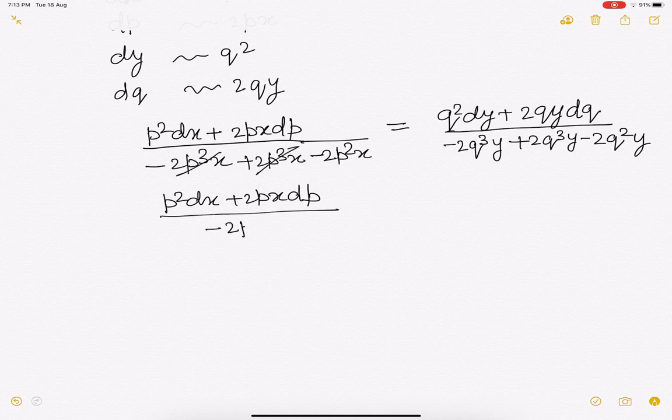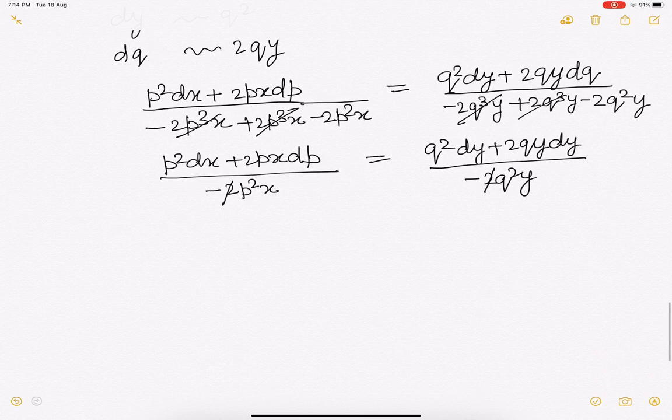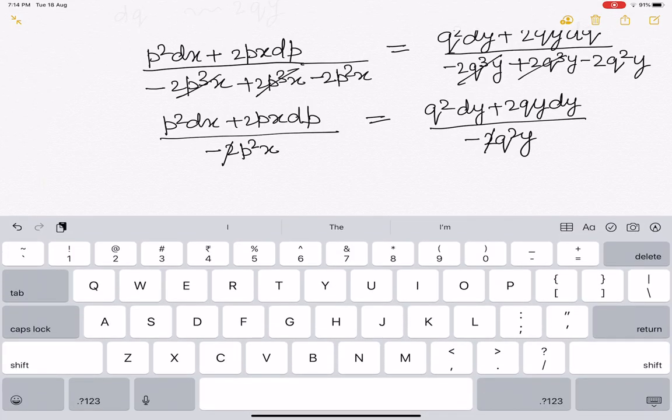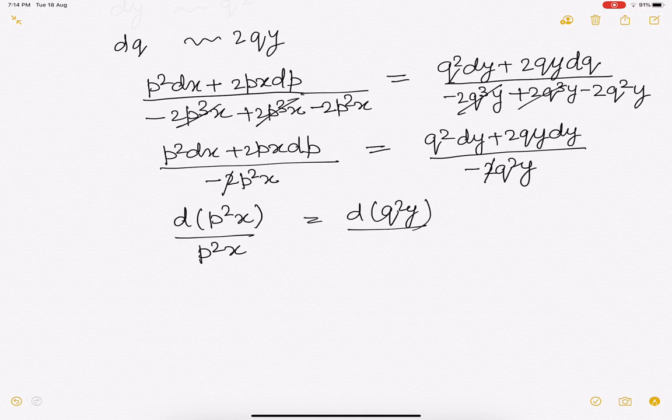We have minus 2p square x is equal to, here also these two terms cancel out, q square dy plus 2qy dq upon minus 2q square y. So negative terms cancel out. Students, we have d of p square x, and here p square x. We have d of q square y and in the denominator we have q square y.